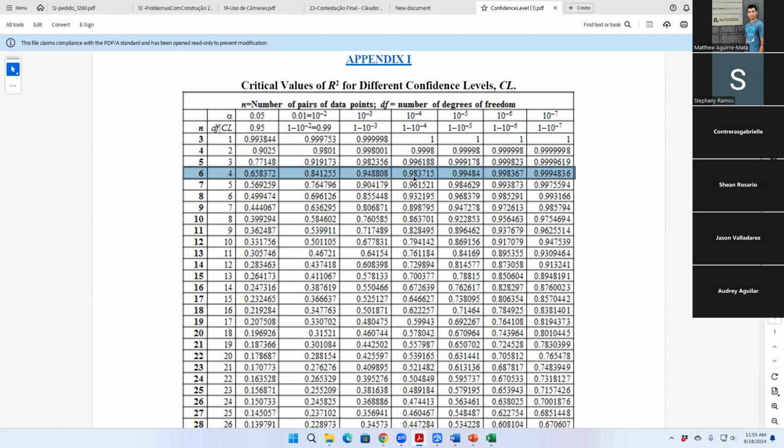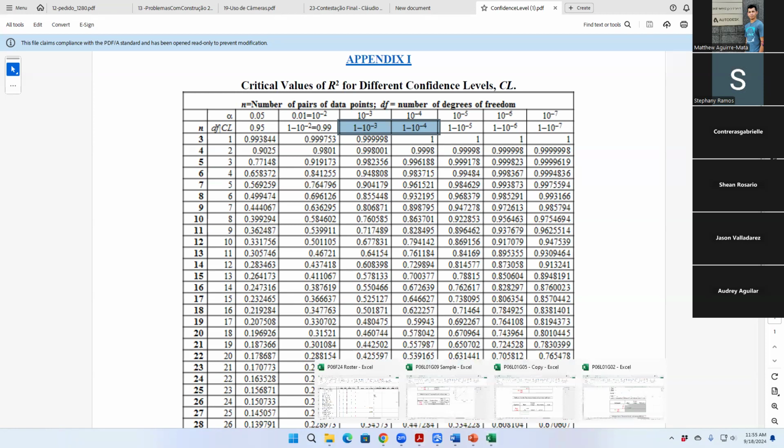You can see that 0.9798 is between those two values of R square, right? 0.9798 is greater than this one here, and is less than this one here, okay? So what are you going to report? You're going to report those two values here. The minimum for CL is the lower bound of CL, 1 minus 10 to minus 3, okay? And the maximum is the upper bound of CL, 1 minus 10 to minus 4.